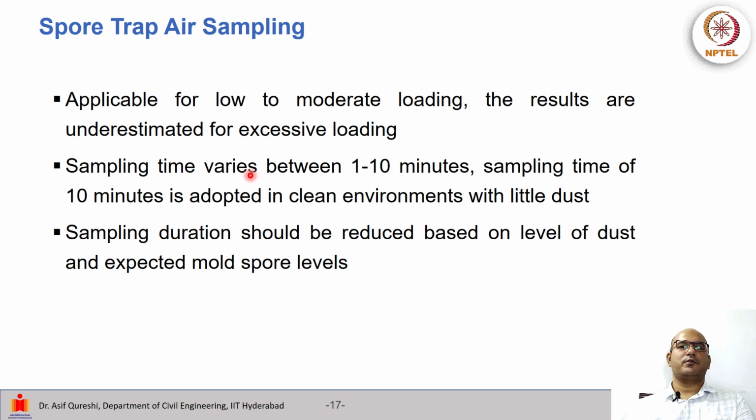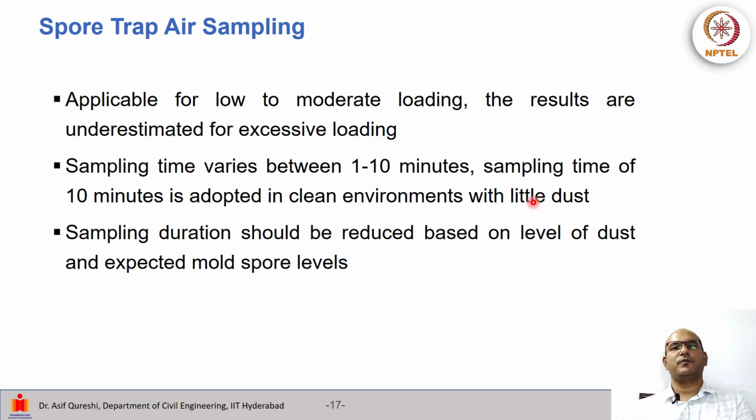The sampling time usually varies between 1 and 10 minutes. A sampling time of 10 minutes is adopted in clean environments with little dust, because then we want to sample for more time so that we get an appreciable amount of biological material stuck to the sites. If we run only for 1 minute, we will not be able to collect enough biological material to do analysis.